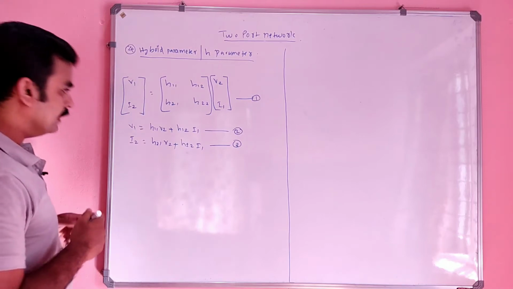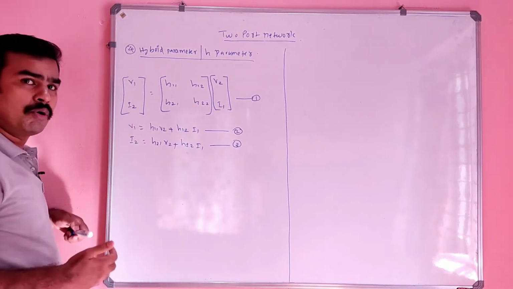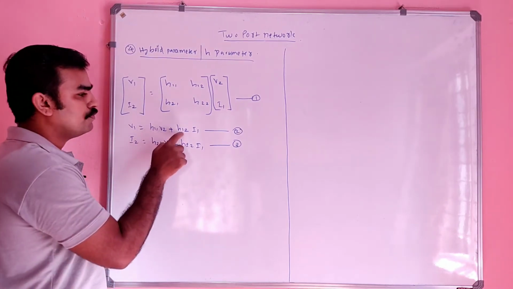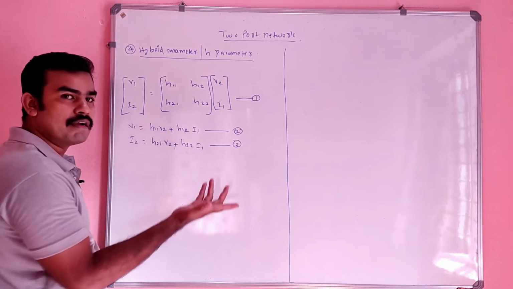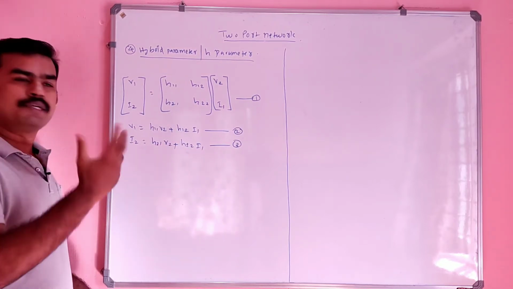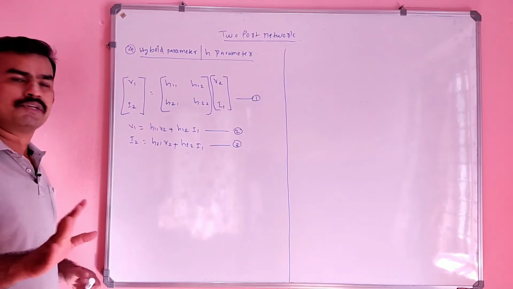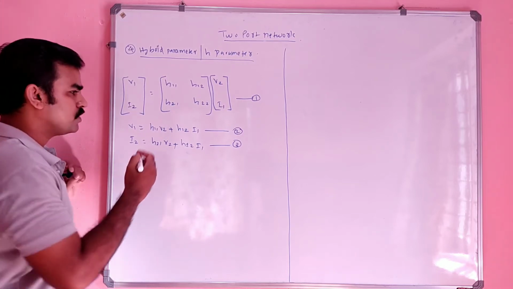Okay, and how can we find H11, H12, H21 and H22? See the RHS of the equation. What are the parameters here? V2 and I1. Simply make V2 equal to 0 one time and I1 equal to 0 another time. That's all. You will get the values of all the H parameters. Let's try that.